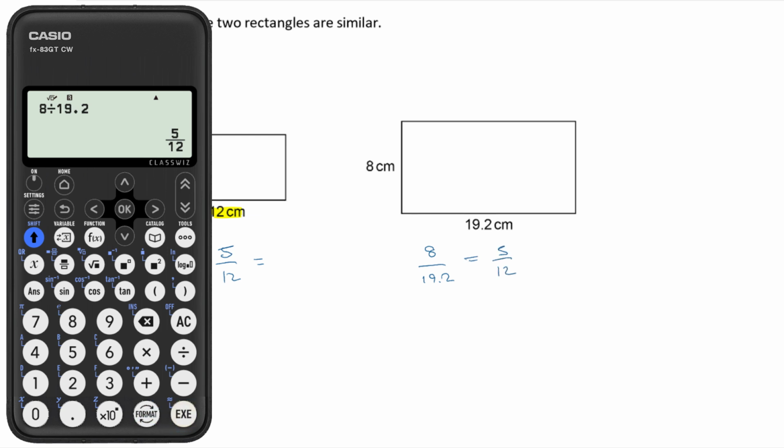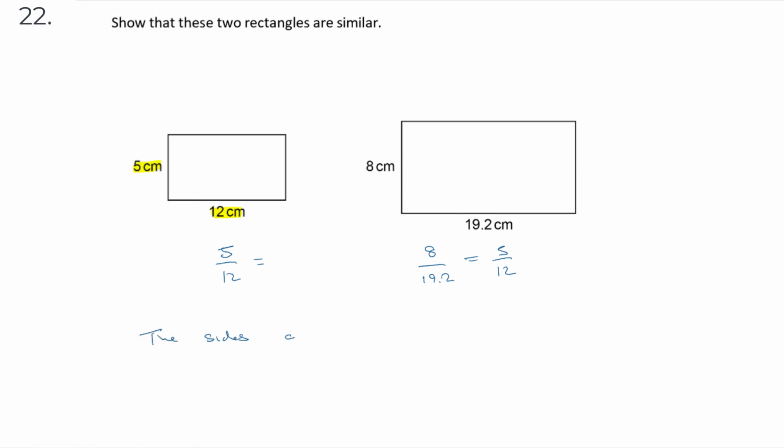So we can say the sides are in the same ratio, which was 5 over 12, and so the rectangles are similar.